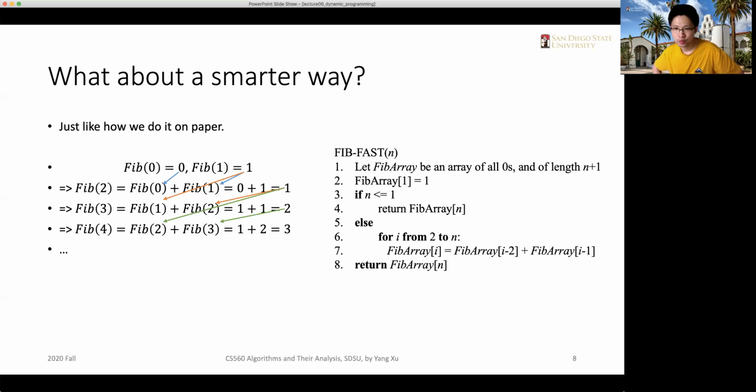Okay, and the Fibonacci number with index 1 is actually the second Fibonacci number. So when n is 0, it is actually okay because the first statement allocates an array of length n plus 1. If n equals 0, then an array of 1 element is allocated, and we can access that number by accessing fib array, square brackets 0.